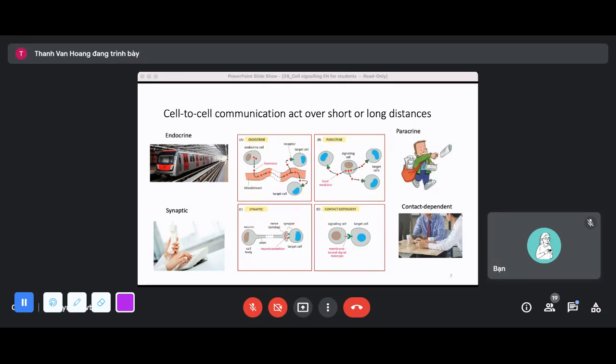Can you imagine what kind of cells require such cell-to-cell contact or signaling? I guess that you haven't. I think it's the cells of the immune system.